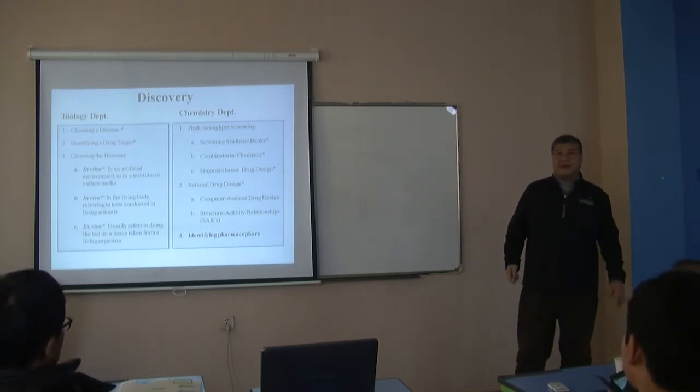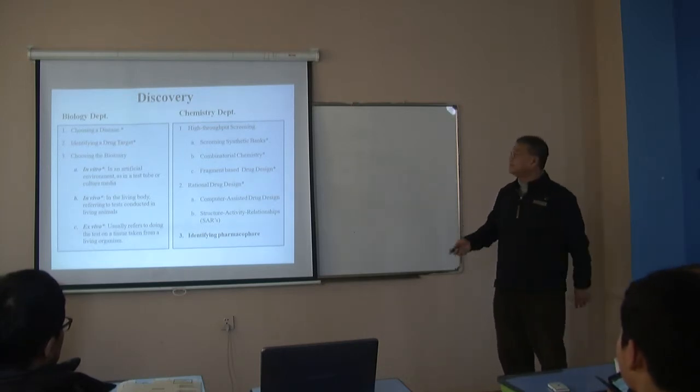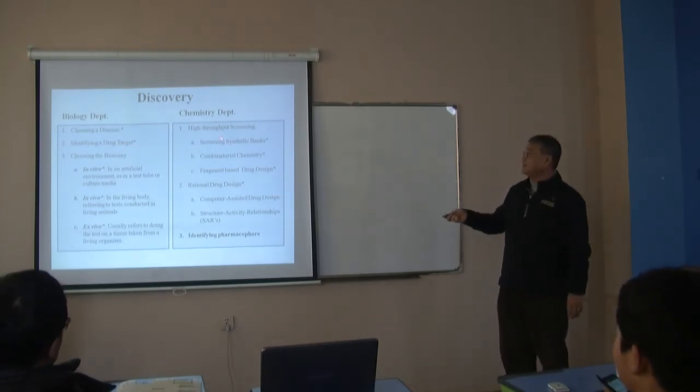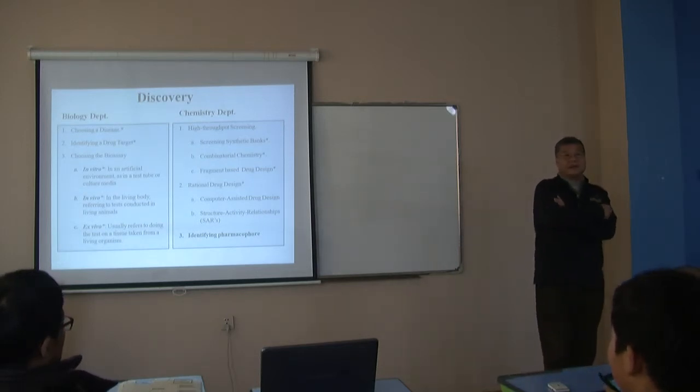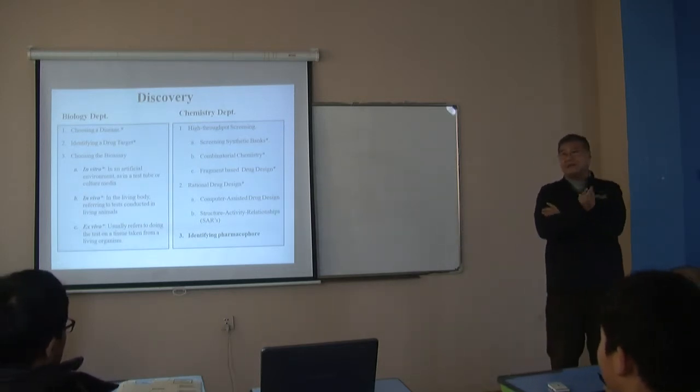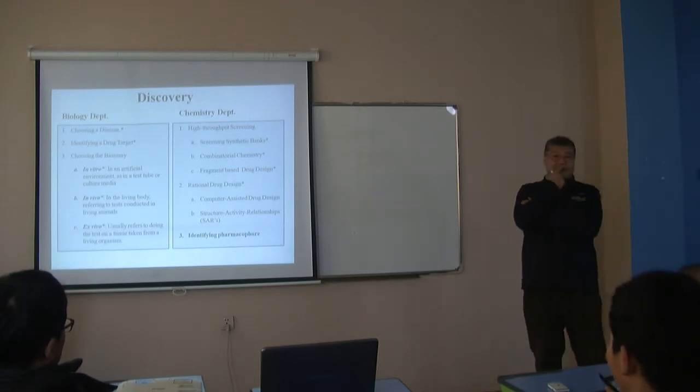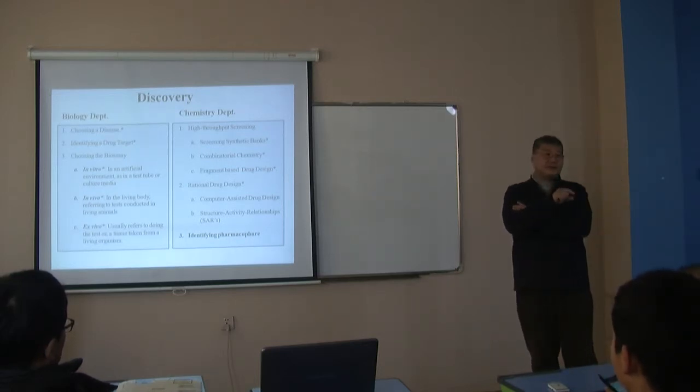Okay? And then they take it into the robotic room using the screening synthetic bank. Usually, most pharmaceutical companies have millions of chemicals stored in the freezer. So they have already made the solutions.